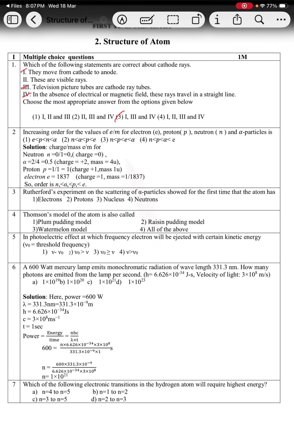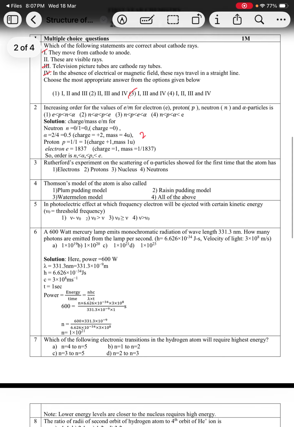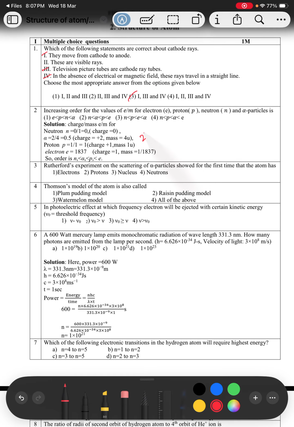Alpha particle is a helium particle, 2He4. So charge is 2, mass is 4, 2 by 4 means 0.5.